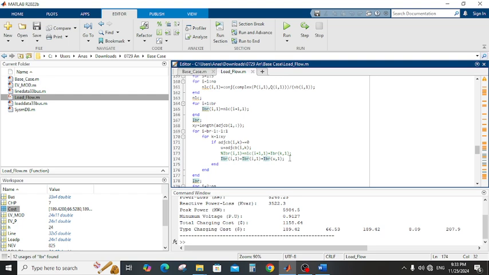That is what we mean by accumulated branch current. So we calculate the current that flows from 1 to 2, not only to cover the bus 2 load, but also to cover all the buses on that path beyond bus 2, and so on. This is how we calculate the accumulated branch current.